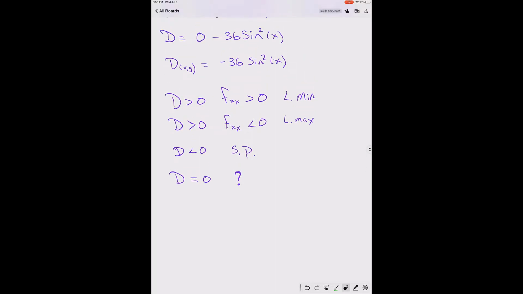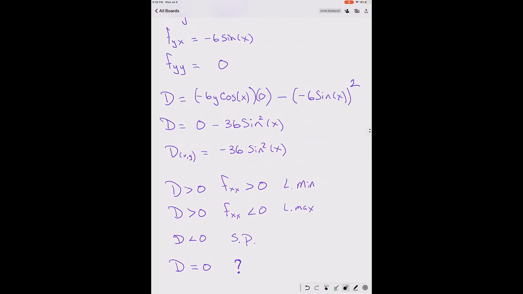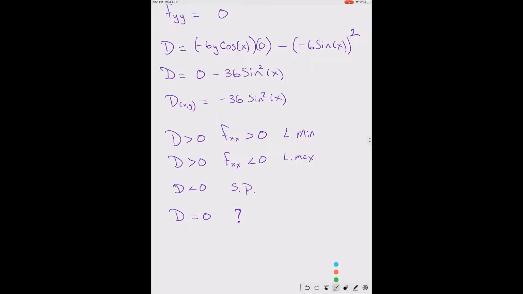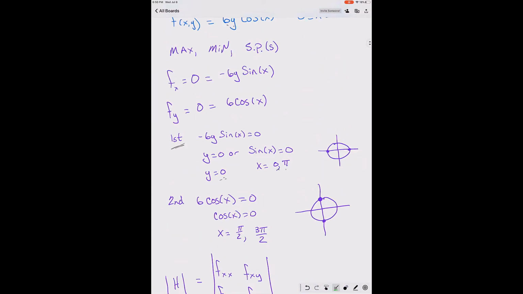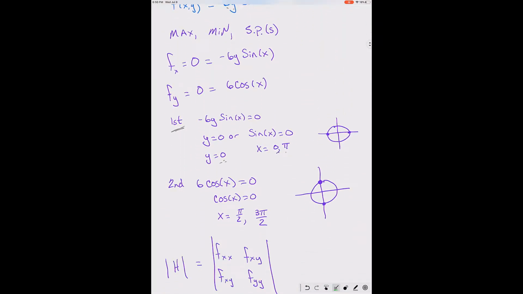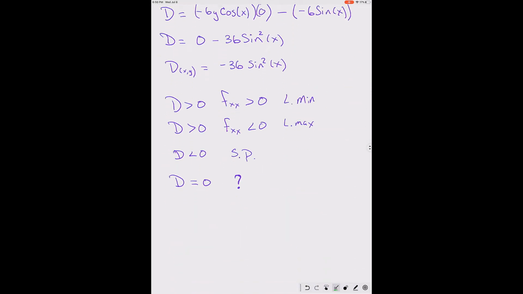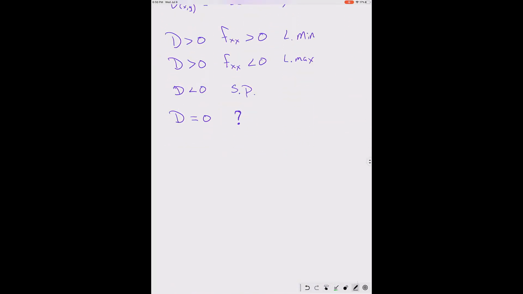Okay, so let's take each of our points and plug them in and see which of these categories we fall in. So our first point that we found is y is 0 and x is 0. So the point 0, 0. That's the first one. So let's do that one.